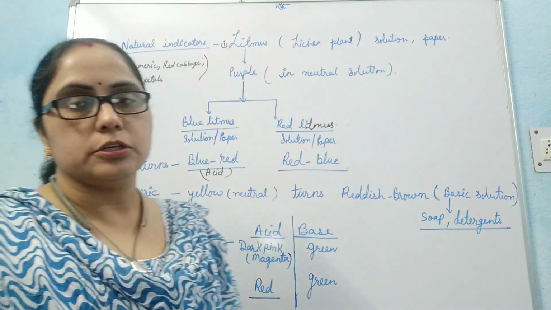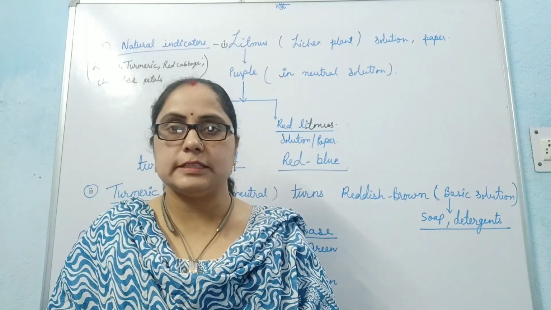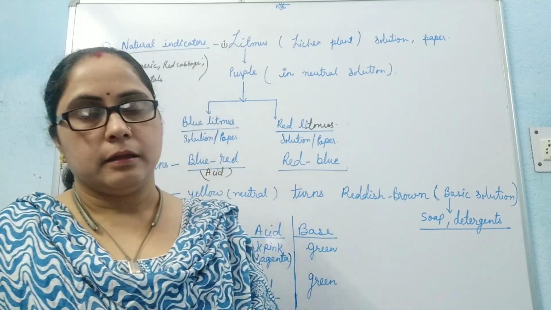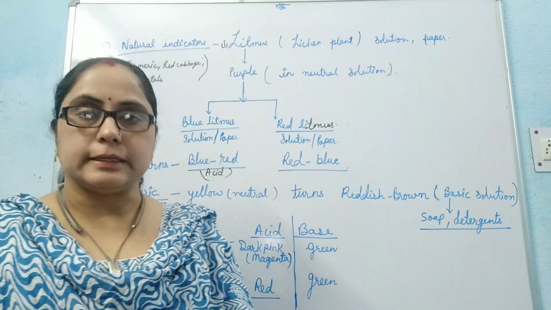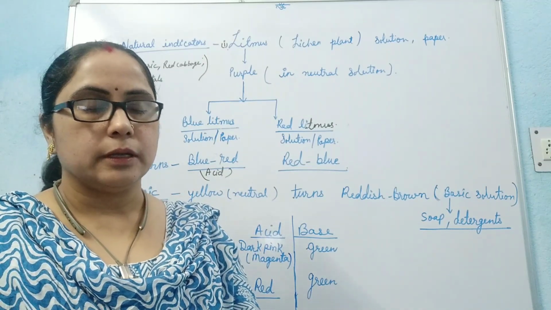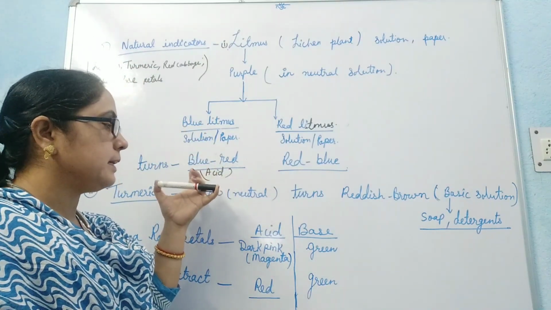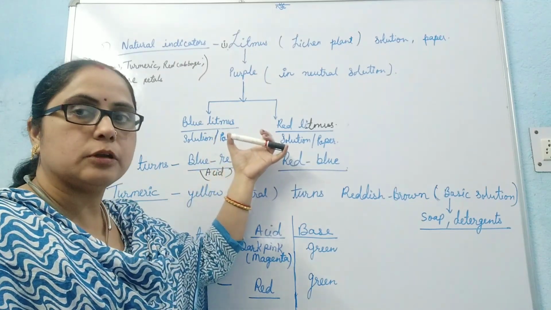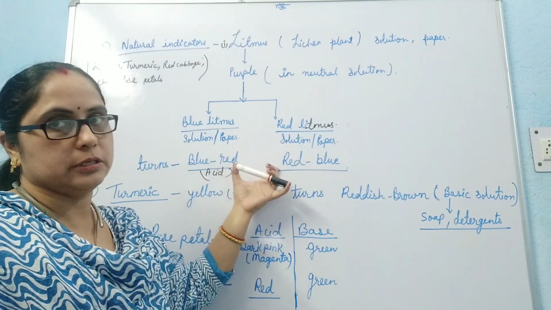When blue litmus is put in a basic solution, it does not change its color, it remains blue, while red litmus paper, if put in an acid solution, also does not change its color. It means only the blue litmus changes its color in acidic solution and red litmus changes its color in basic solution.